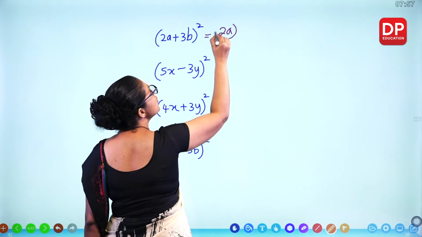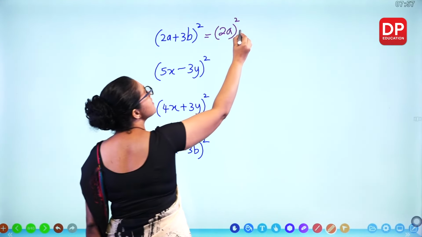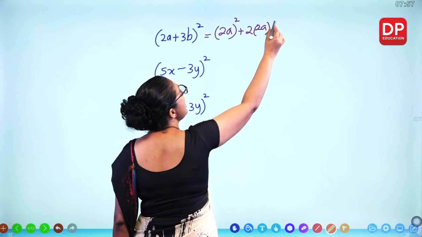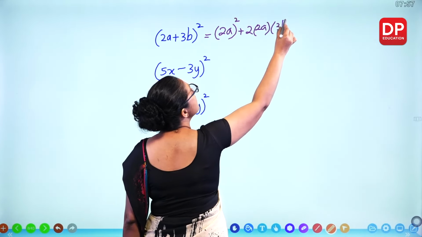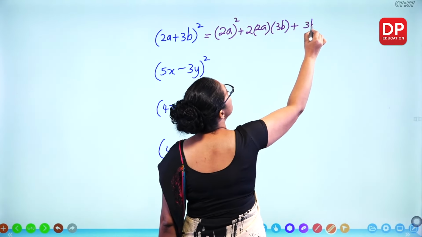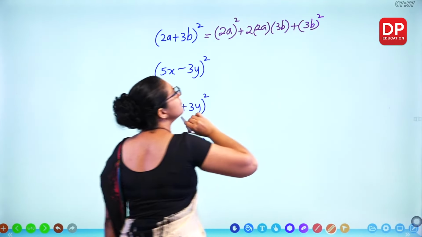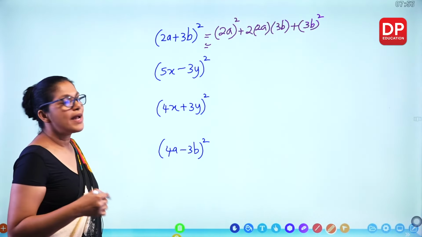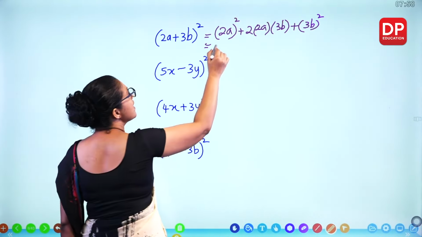So make sure that you put brackets. Plus 2 times first term, which is 2a, last term 3b. Plus last term squared. Now expand and write down. 2a times 2a, 4a squared.